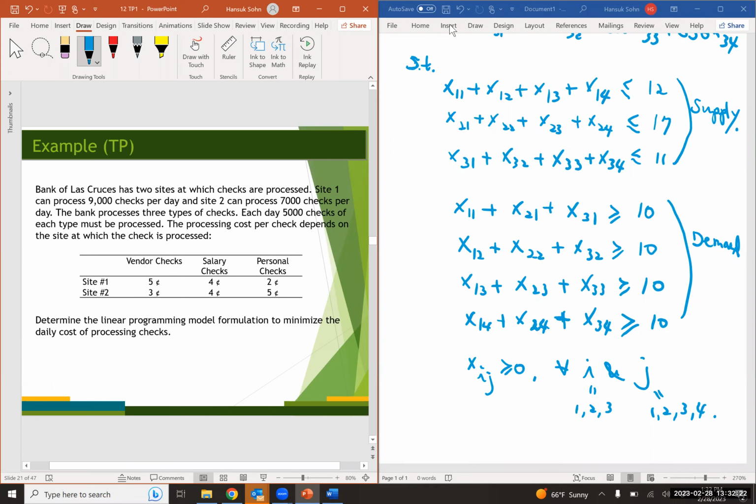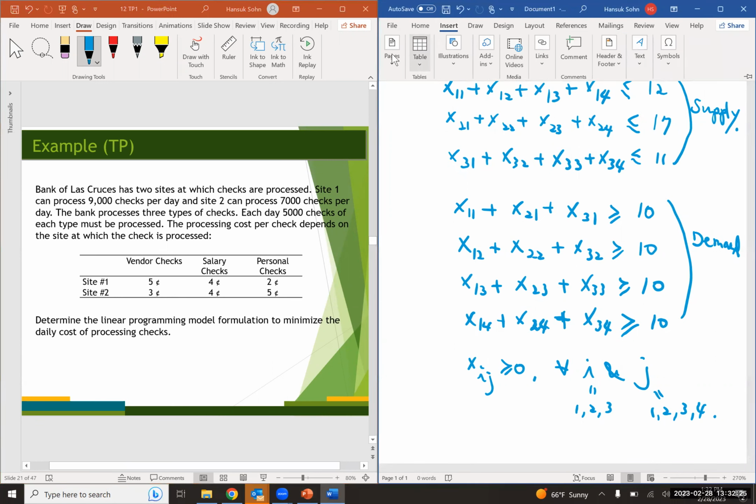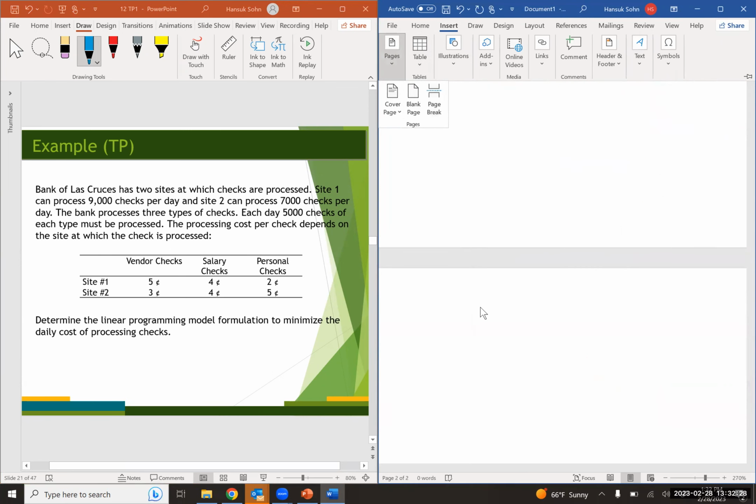Okay, now let me insert a new page so that we can work on this new example problem. Okay, so earlier I mentioned that although many applications of the transportation problem involve determining how to optimally transport shipments, some of its important applications actually have nothing to do with transportation, right?